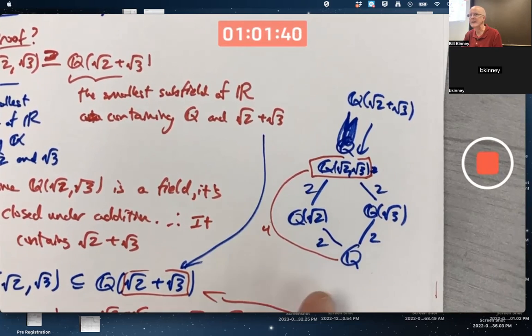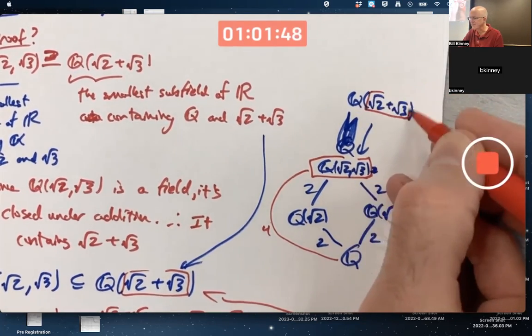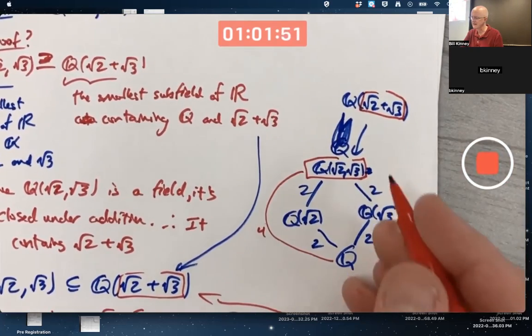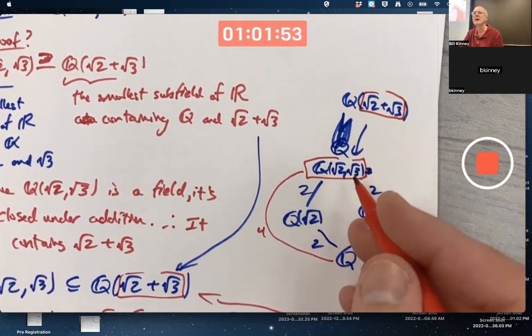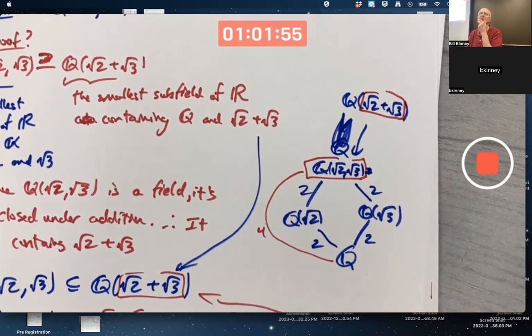That has very important relevance for Galois theory. It also implies that evidently this number, square root of 2 plus square root of 3, since these are equal, must be a root of a 4th degree irreducible polynomial with coefficients in Q. What polynomial? We'll save that for next time.